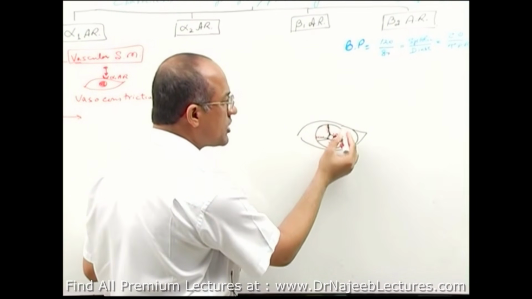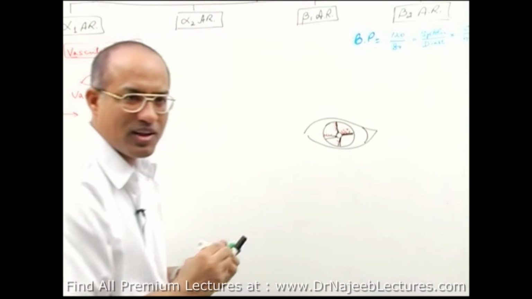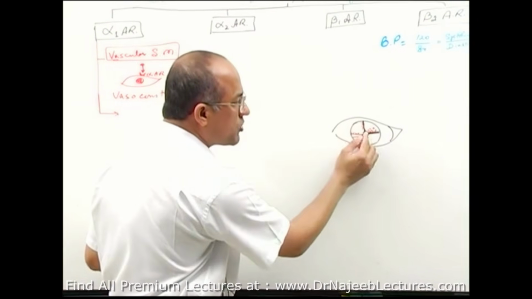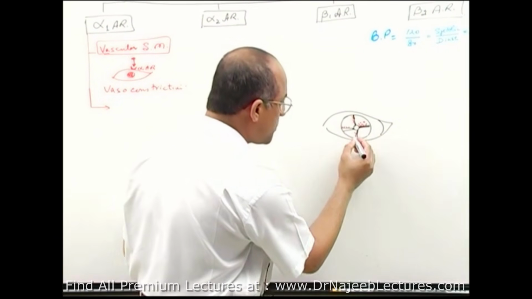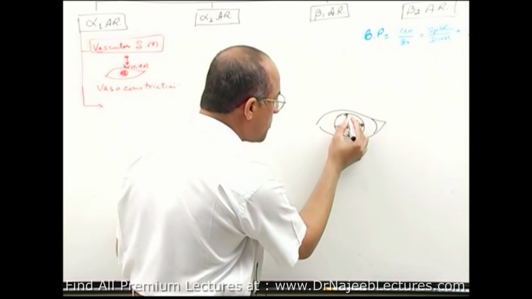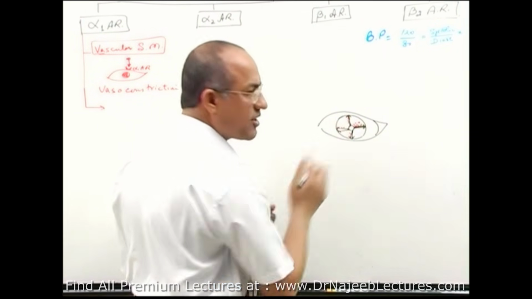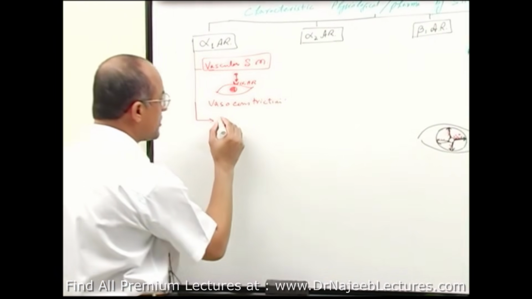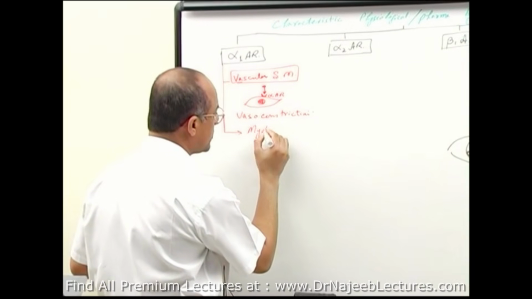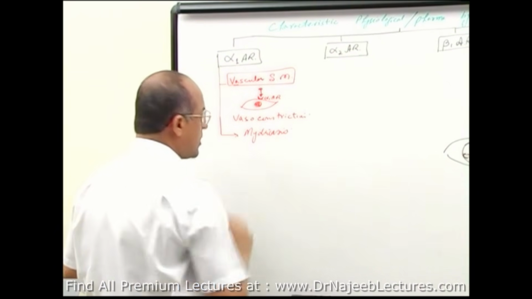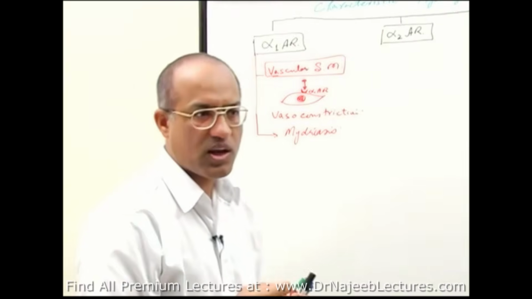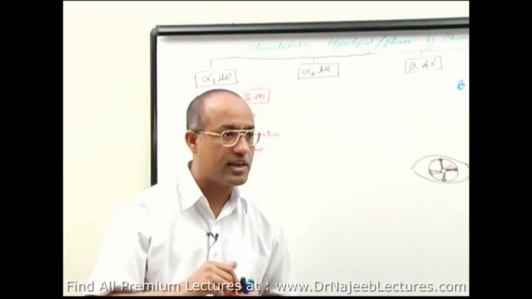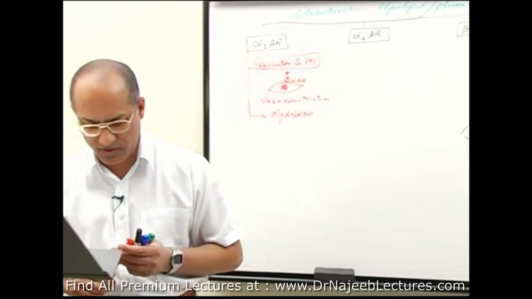When alpha 1 adrenergic receptors are stimulated here, dilator pupillae will constrict, and when dilator pupillae constrict, then naturally the pupil will dilate. So there is pupillary dilation, which is also called mydriasis. Right, so an alpha 1 stimulant, especially if instilled in the conjunctiva, can stimulate the dilator pupillae and produce mydriasis.